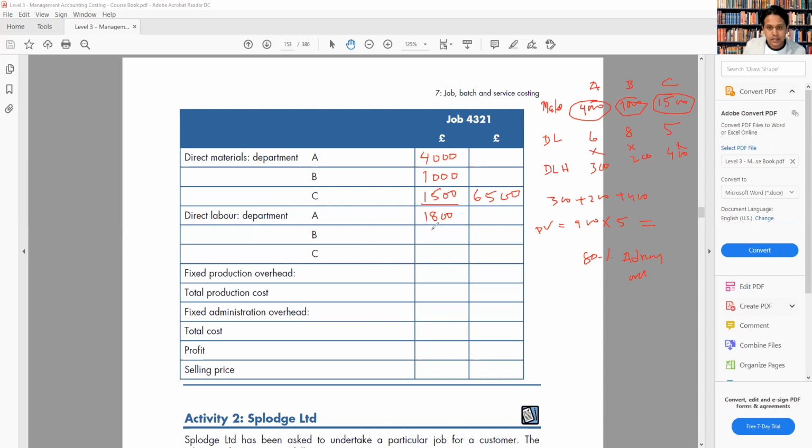Department B, 8 times 200, 1,600. And department C, 400 times 5, that gives me 2,000. And if I added all of this, that gives me 5,400.